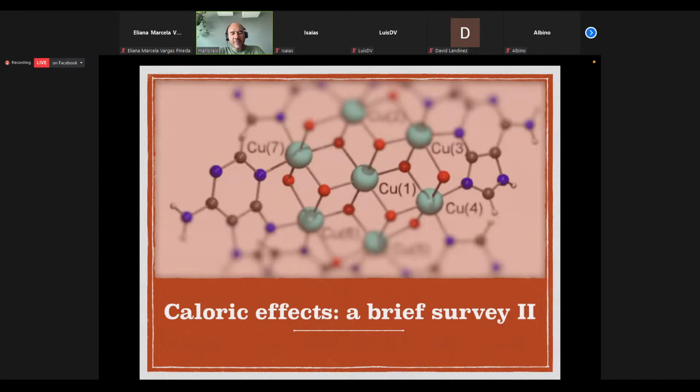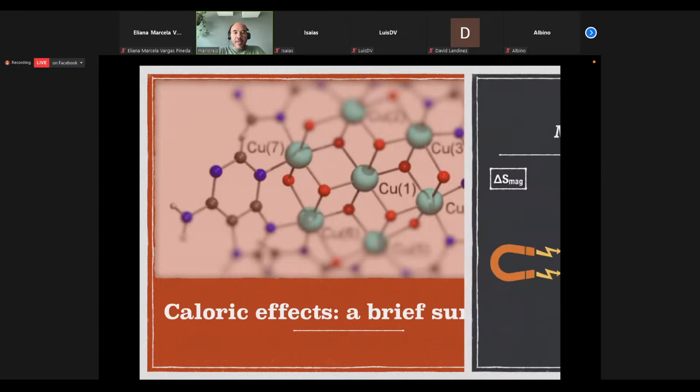But I think it's important to introduce these effects, at least with some slides, considering some students can be in the audience, and it can be new for some students.